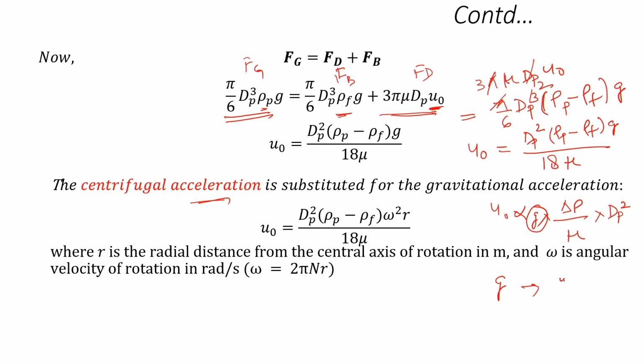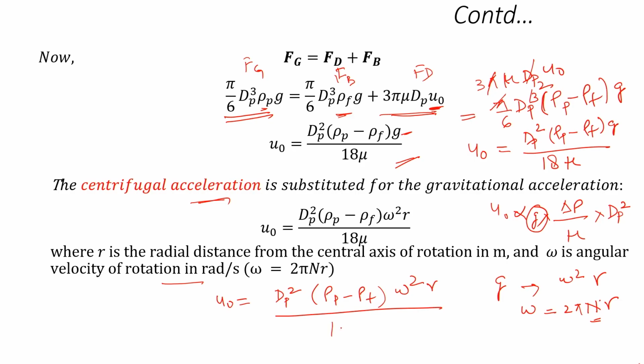What is it? It is omega square r, where omega is the angular velocity of rotation, also defined as 2 pi N, where N is the rotational speed in rpm, and r is the radius. So, in the expression we derived, u naught is now dp square, rho p minus rho f, and the gravitational term is replaced by the centrifugal term, omega square r, upon 18 mu.